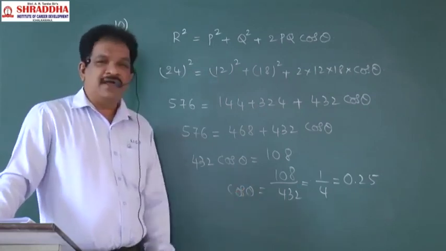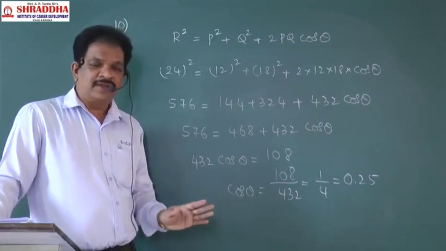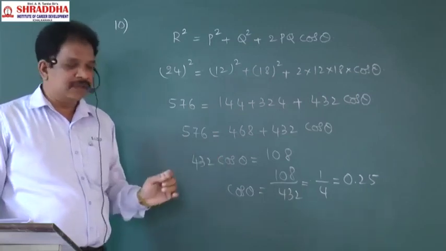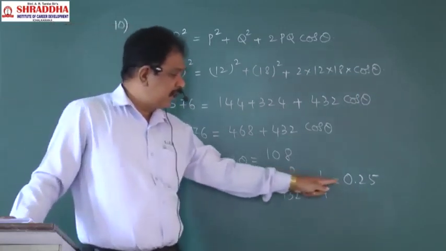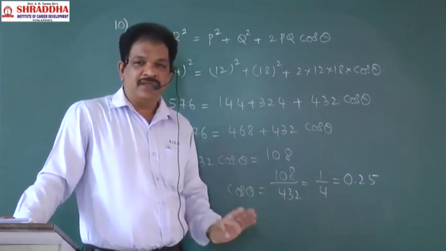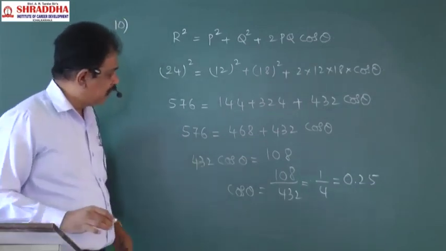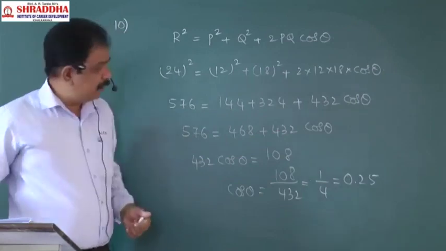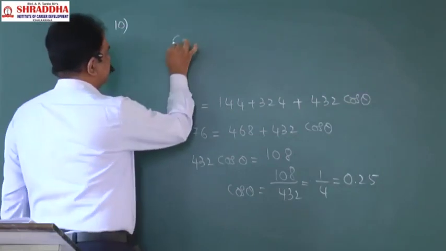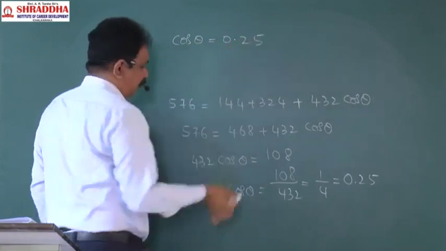You know some of the cos theta values: cos 0 is 1, cos 30 is root 3 by 2, cos 45 is 1 by root 2. This value you don't know. You have to check natural cosines for this. If you write that in this form, cos theta is equal to 0.25.